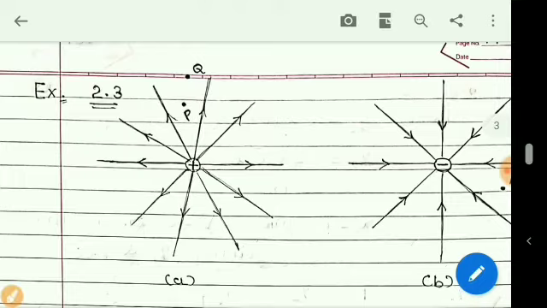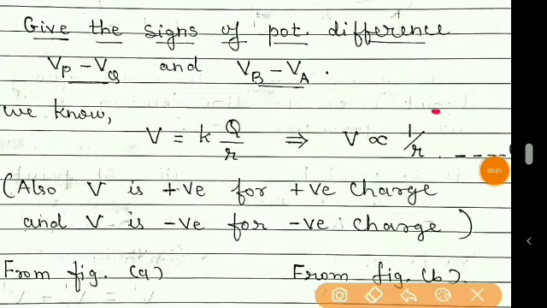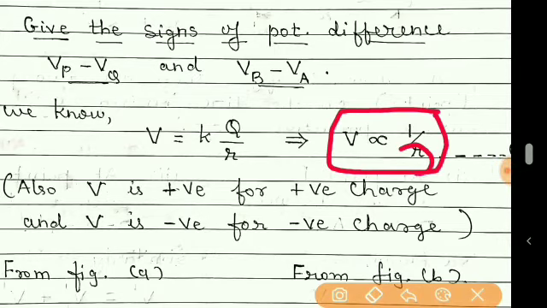It is because we know that potential is inversely proportional to the distance r, because we have this formula of potential V is equal to KQ by r. K is constant and the charge Q for which the field is given is also constant.